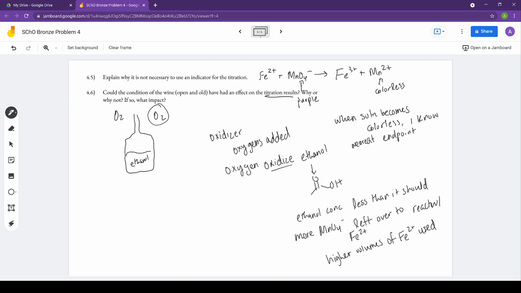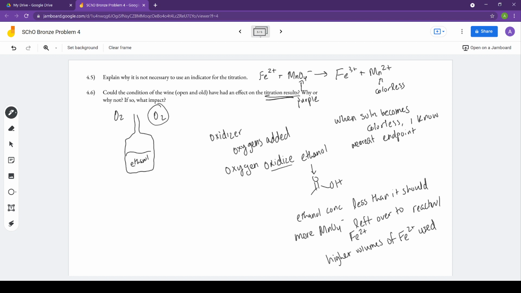And that's the effect it's going to have on our titration results. So just to walk through it again, if we have this open wine, air can go in and out of the wine. Oxygen is a really common oxidizer. Oxygen is electronegative. It likes to take electrons. That means it's taking electrons from something. That other thing is going to get oxidized, lose electrons.